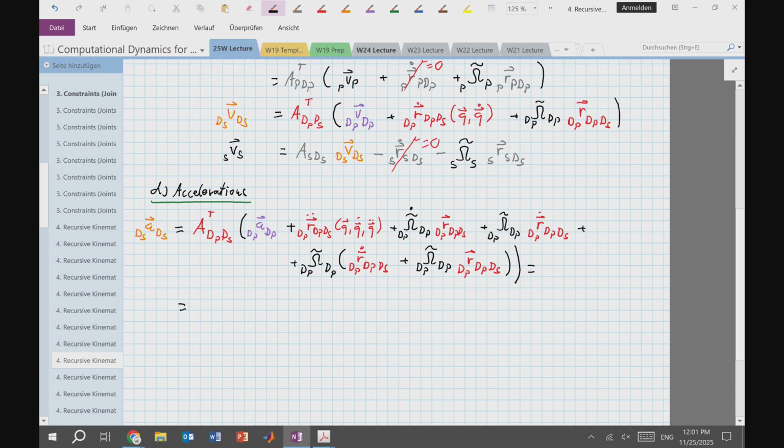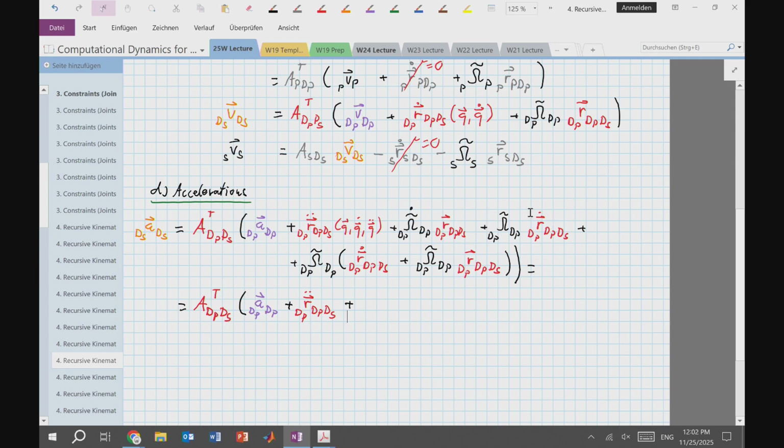And I can rewrite that a little bit. So I get my transformation AdPds transpose. I get the acceleration of the predecessor. I get the translational acceleration across the joint in dp coordinates. And then we can check.